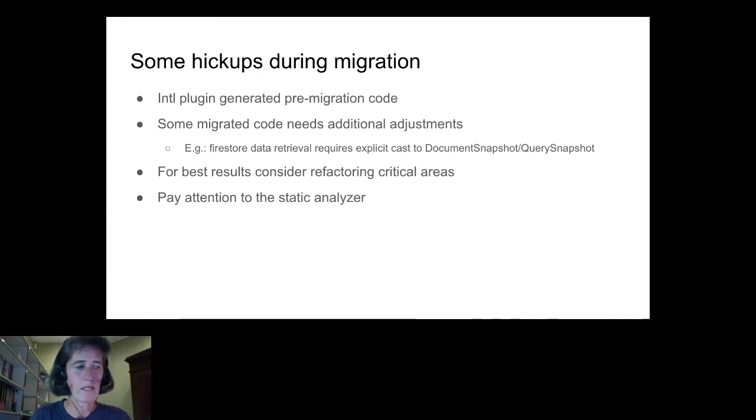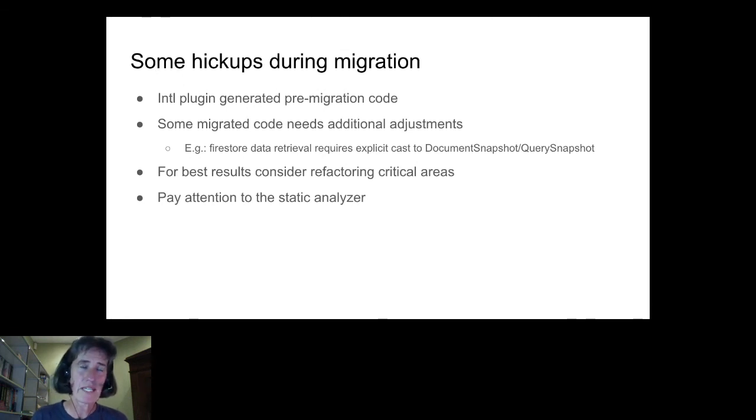As I said before, I think you are best served with migration if you use the opportunity to also refactor a little bit. And you should pay very close attention, preferably at each migration step, to the static analyzer. You can either run dart analyze, or I have Android Studio, I just have my window open.